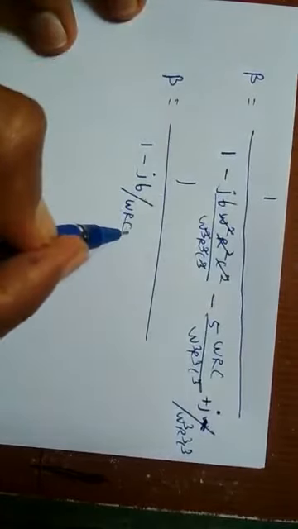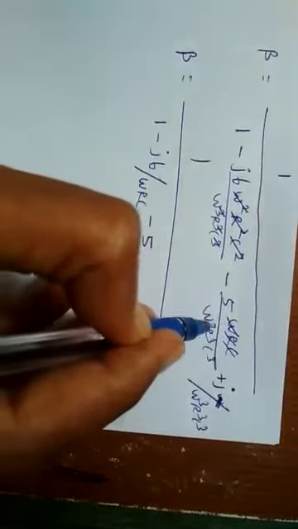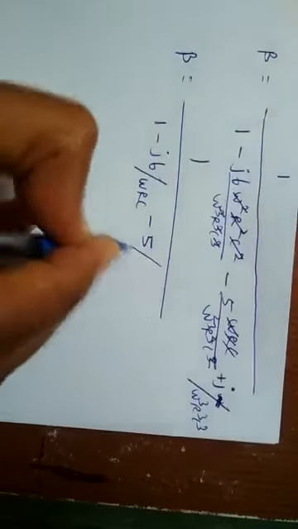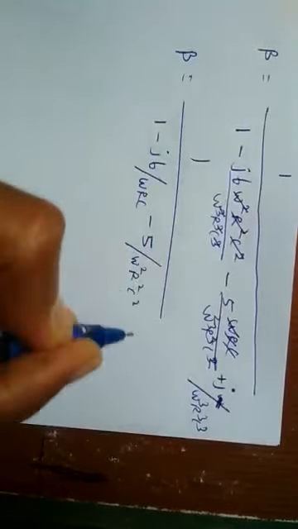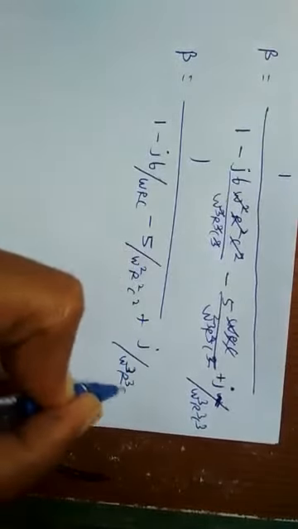You will have j by omega RC, that is minus j by omega RC. And for the second term, minus 5 into, so omega RC will cancel one omega RC, then the remaining will be squares, so by omega squared R squared C squared plus j by omega cube R cube C cube.